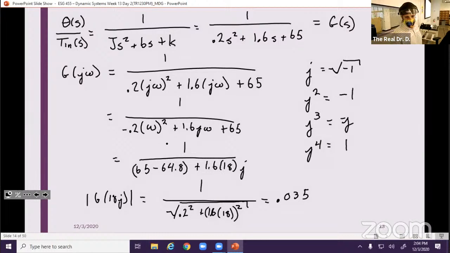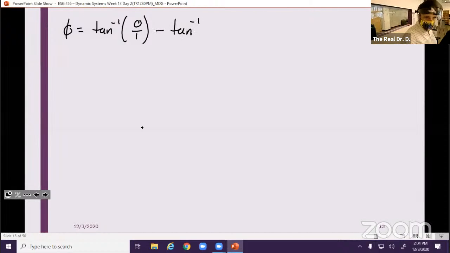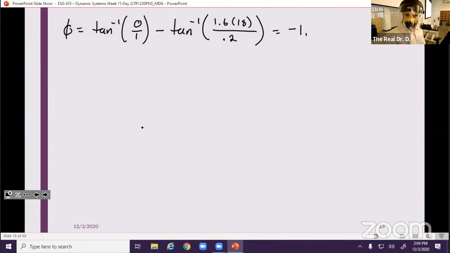So we have to find the phase now. Phase is going to be phi equal to the tan inverse of 0 over 1 minus the tan inverse of 1.6 times 18 over 0.2. It gives me negative 1.56 radians.